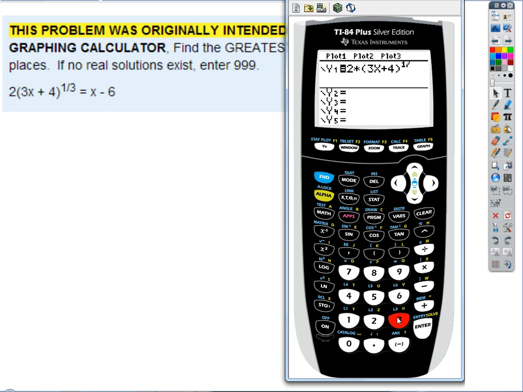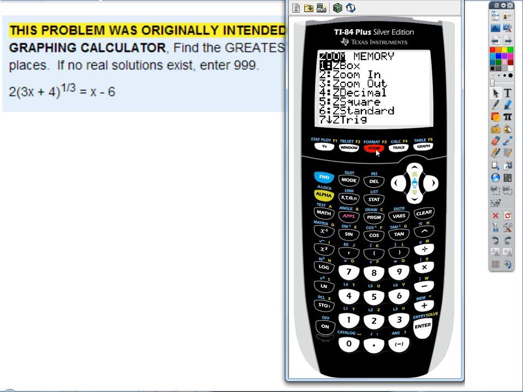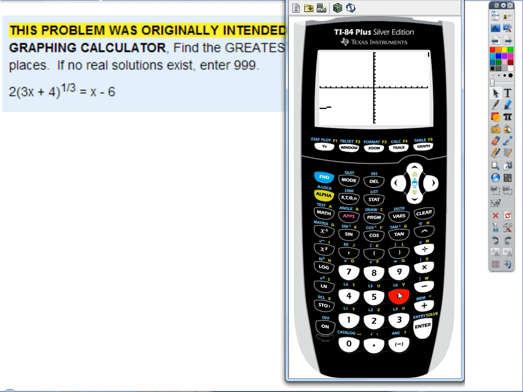There's the first guy, and then the other one's just x minus 6. Okay, let's go ahead and hit Zoom 6. We don't really know exactly where it's going to be, but we'll start off with Zoom standard. So there's our cube root function, and there's our line.